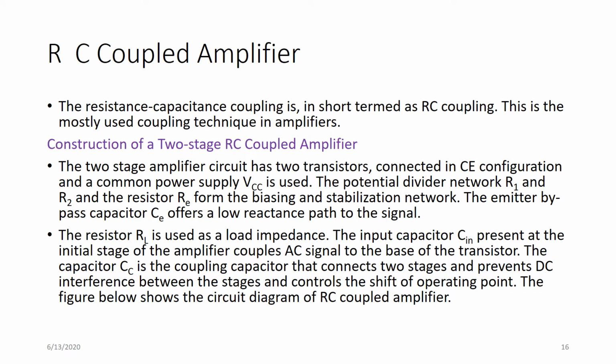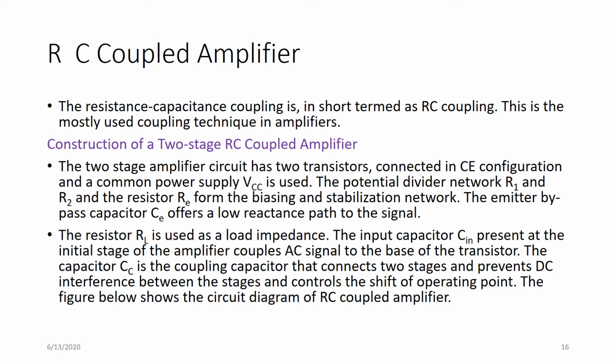The two-stage amplifier circuit has two transistors connected in CE configuration, and a common power supply VCC is used. The potential divider network R1 and R2 and the resistor RE form the biasing and stabilizing network. The emitter bypass capacitor CE offers a low resistance path to the signal.